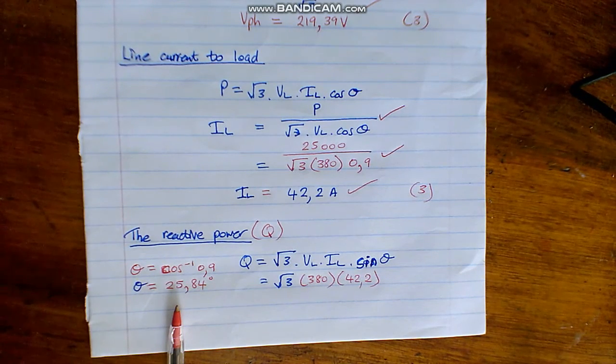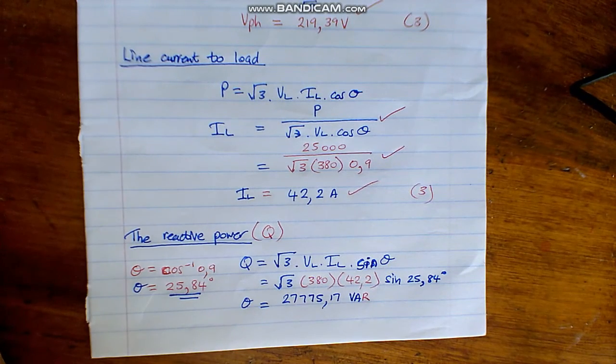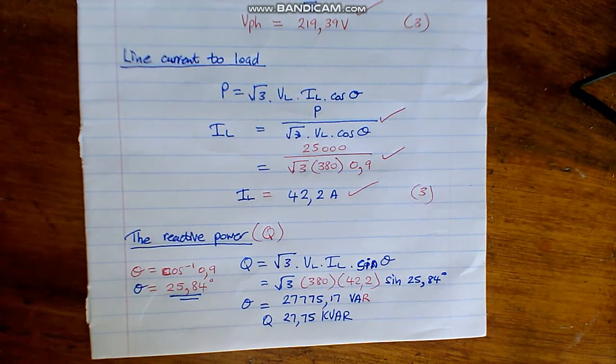The phase angle is 25,84 degrees. So we will substitute sine 25,84. Our final answer, Q is equal to 27,775,17 VAR, reactive. So we can simplify that to Q is equal to 27,75 kilo VAR. A question like this will be about 3 marks, maybe 4 marks.